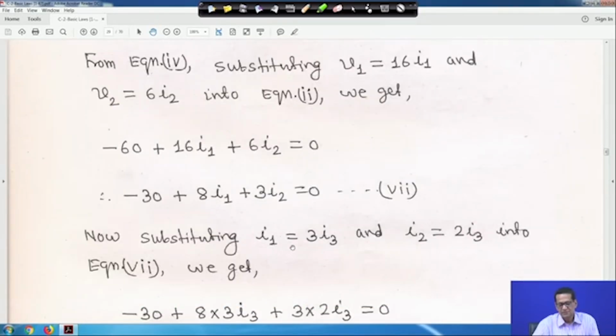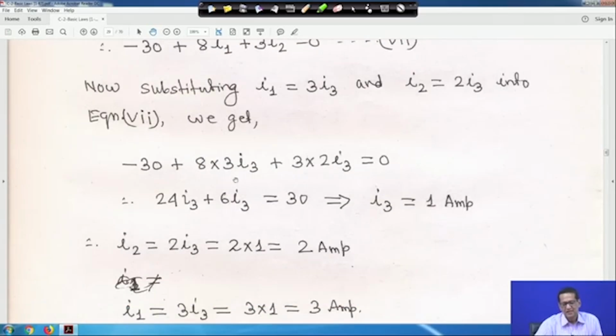Now substitute I1 equal to 3 I3 and I2 equal to 2 I3 into equation 7. You just have to manipulate mathematically and put one after another. It will be minus 30 plus 8 into 3 I3 plus 3 into 2 I3 equal to 0, or 24 I3 plus 6 I3 is equal to 30, or I3 is equal to 1 ampere.